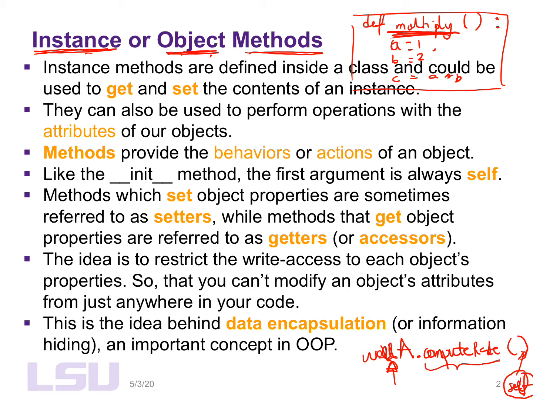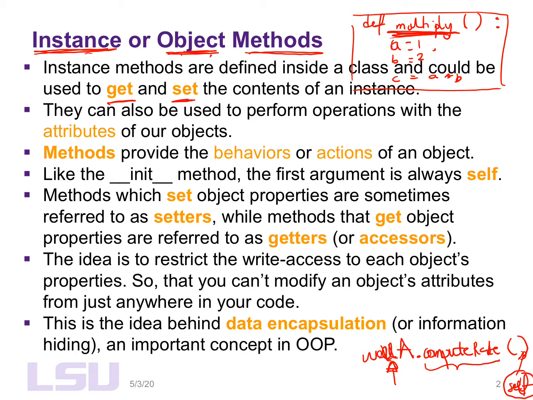So instance methods, which are the same thing as object methods, are defined within a class, and you could use them to get and set the contents of that particular class instance. And a class instance, same as instance of a class, is an object, right?